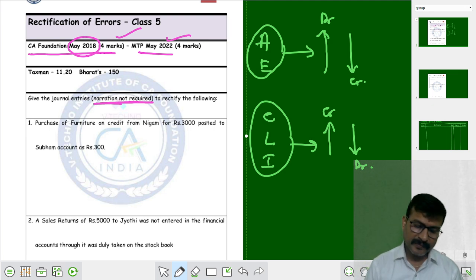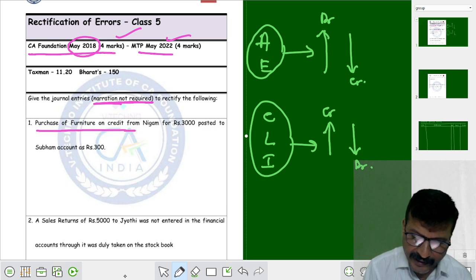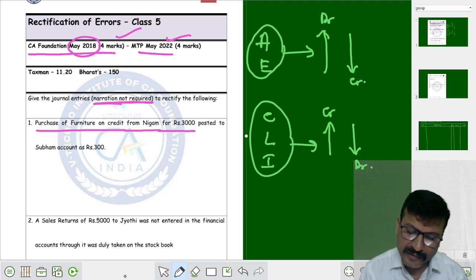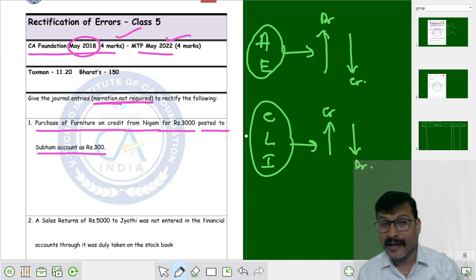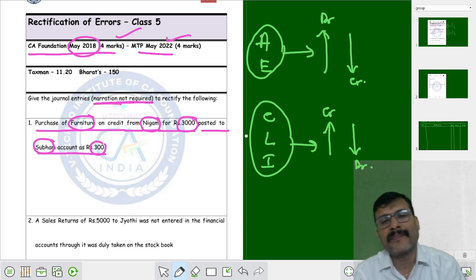Shall I read? See here. Purchase of furniture on credit from Nigam, for 3000. Posted to the Shubham account 300. Furniture is there, Nigam is there, 3000 is there, Shubham is there, 300 is there.